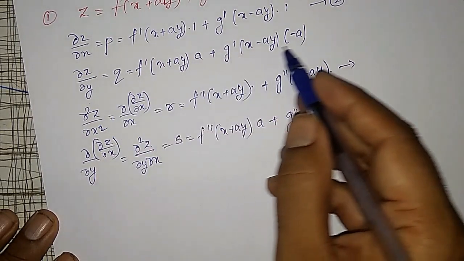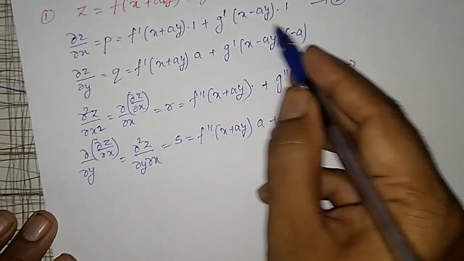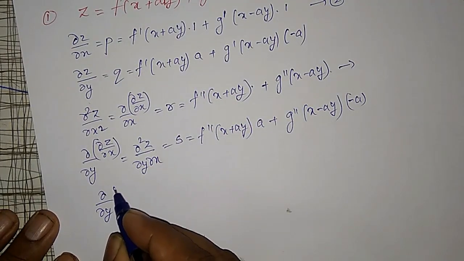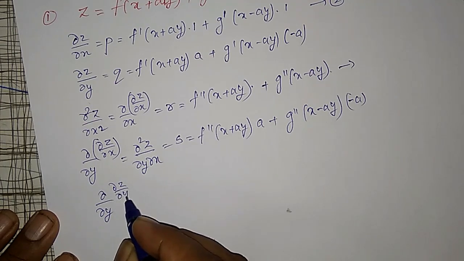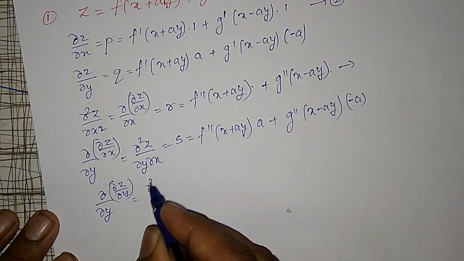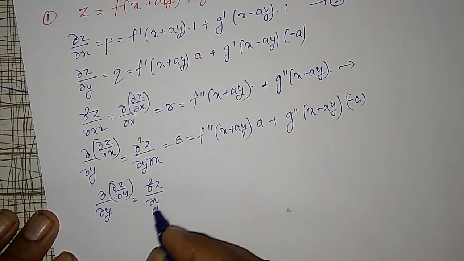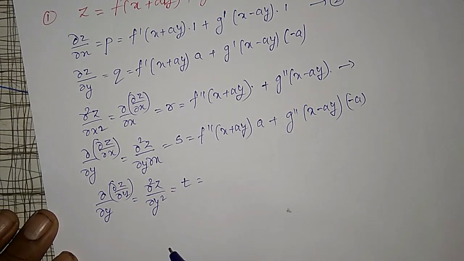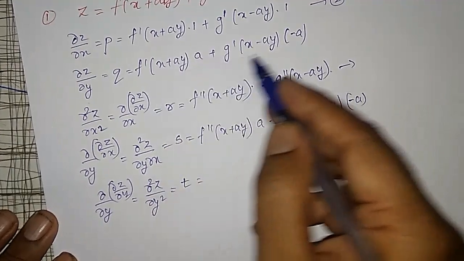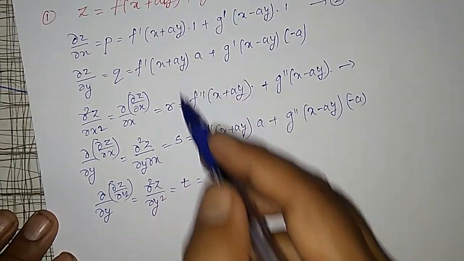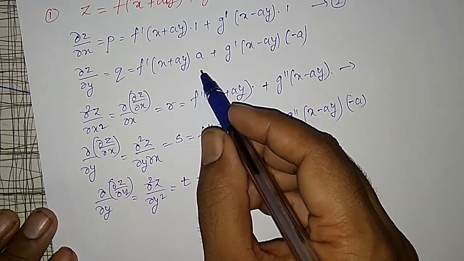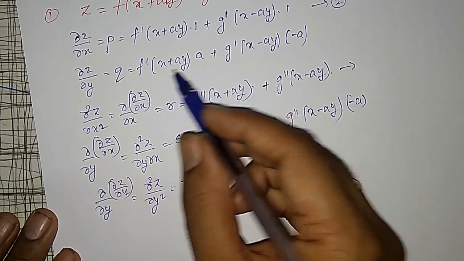Like that, one more partial derivative can exist here. This one I can differentiate partially with respect to y, that is dou y of dou z by dou y, that is nothing but dou square z by dou y square. I will denote it by t. While differentiating this partially with respect to y, a is already there.